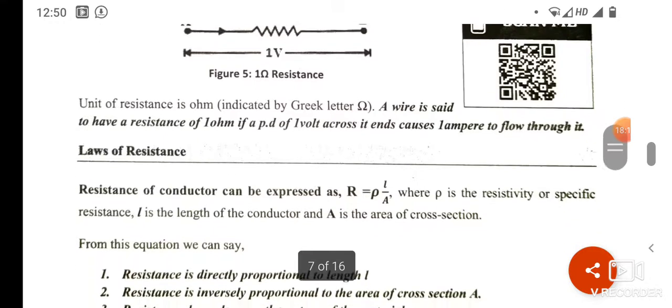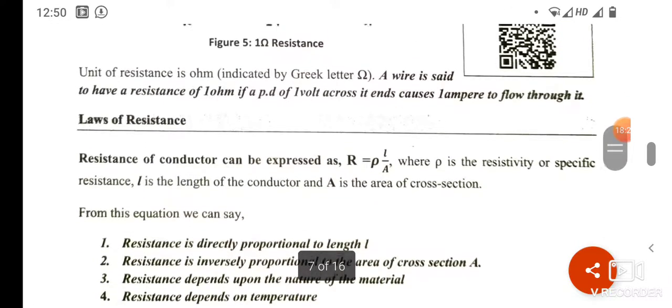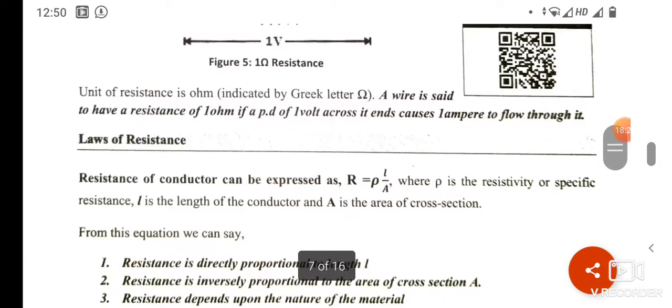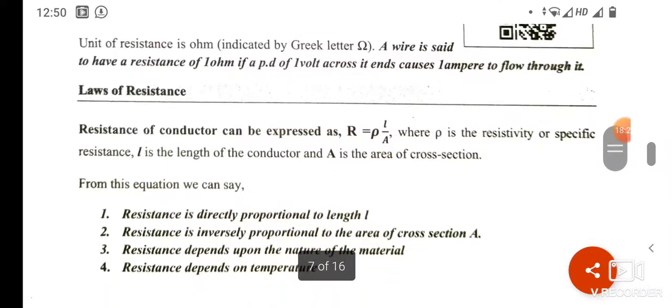There are 4 points connected with the law of resistance. The resistance is represented by capital R. R is proportional to the length of the conductor L, the area of cross section A, and it depends upon temperature and the nature of the material.